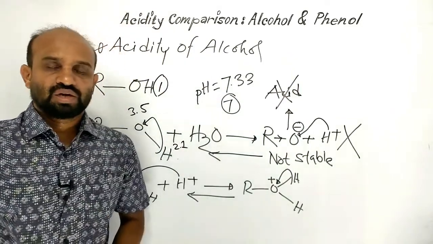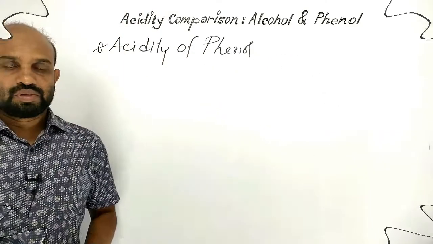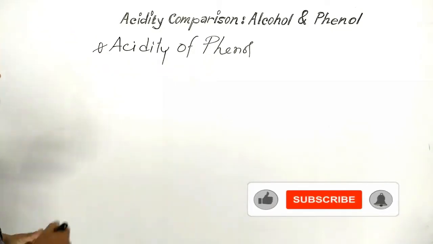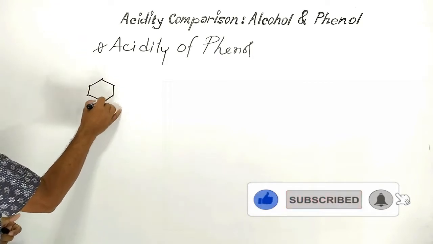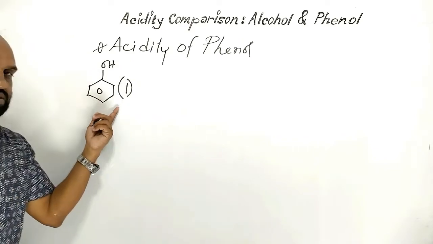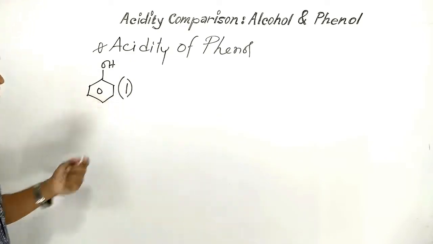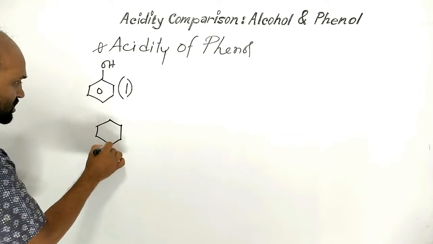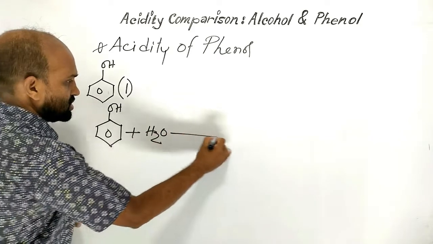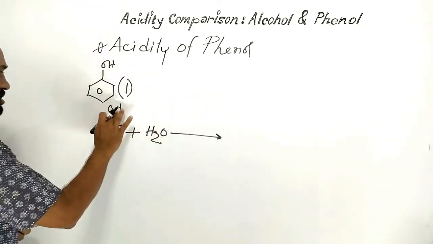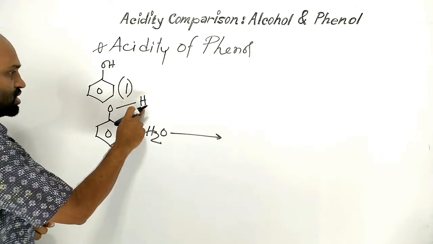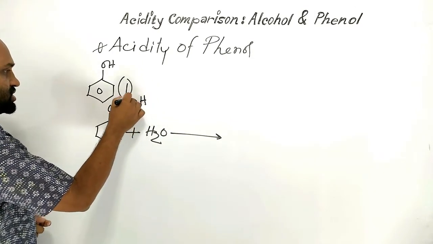Now let's see the acidity of phenol. Phenol is a white crystalline solid. When phenol is dissolved in water, then here the oxygen hydrogen bond undergoes heterolytic fission.